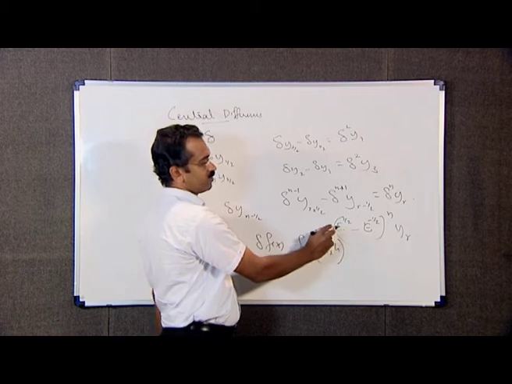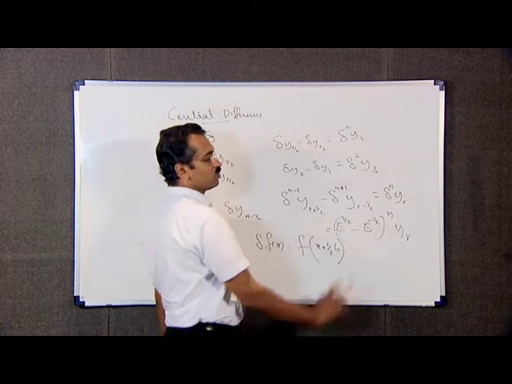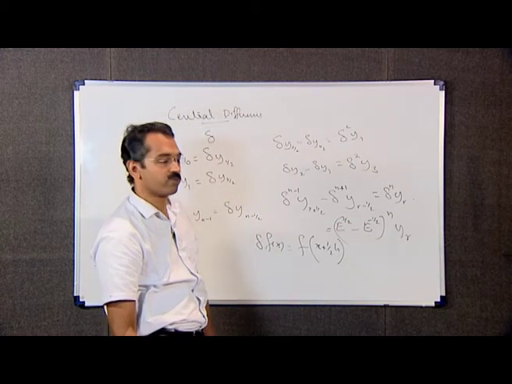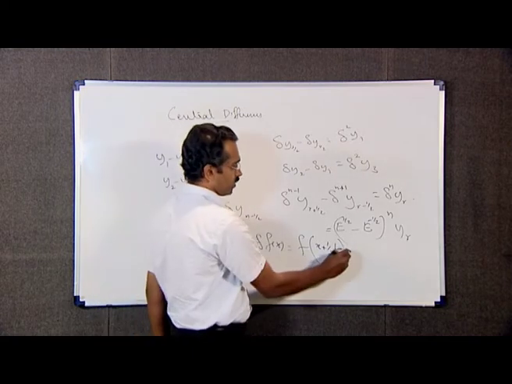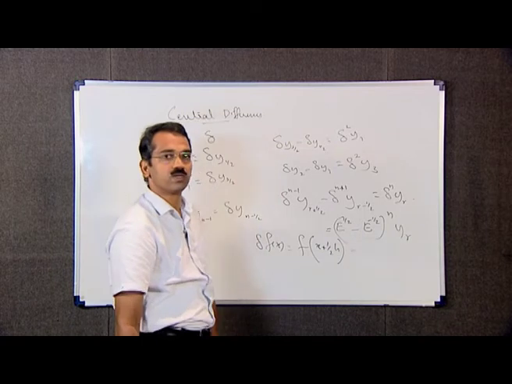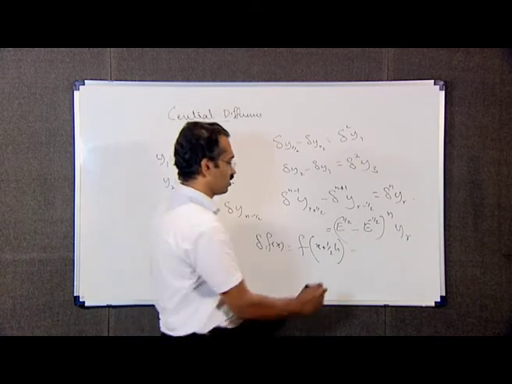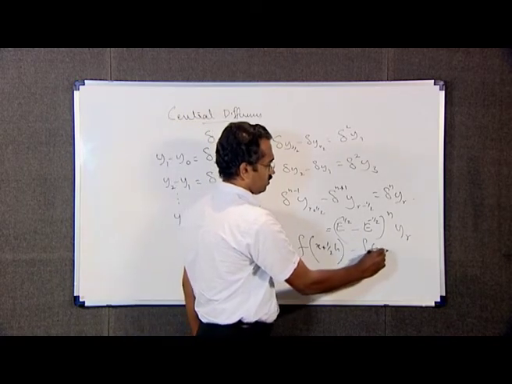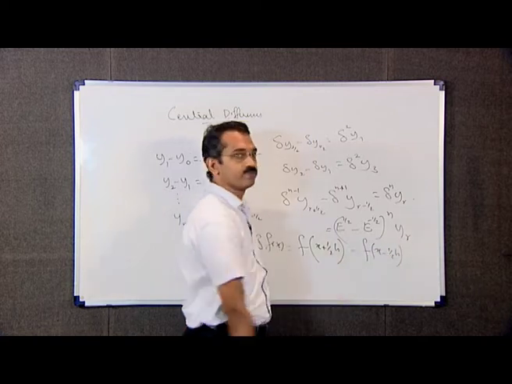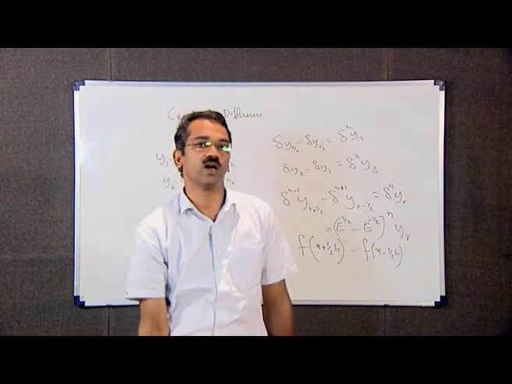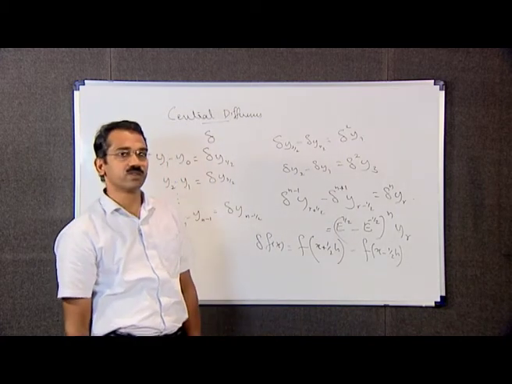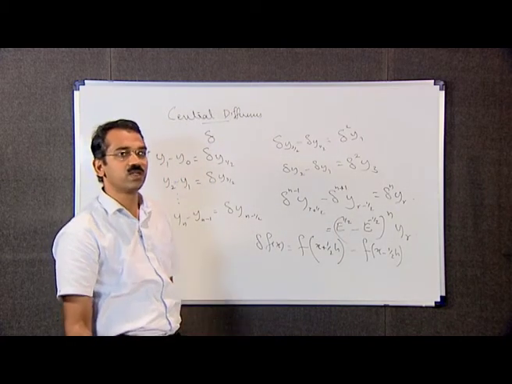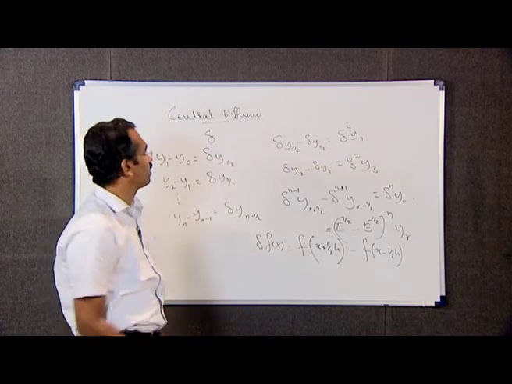By definition of shift operator, E raised to 1 by 2 gives f of x plus 1 by 2 h, and E raised to minus 1 by 2 gives f of x minus 1 by 2 h. This is the alternate definition of central differences. Here h is the interval of differencing.